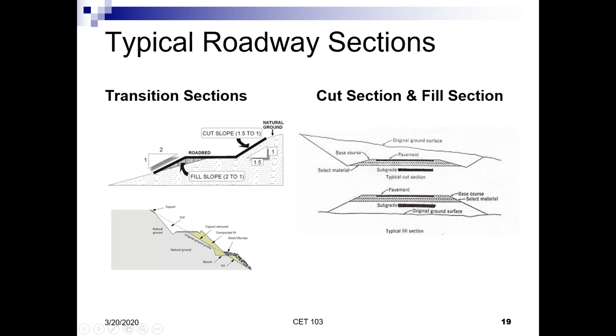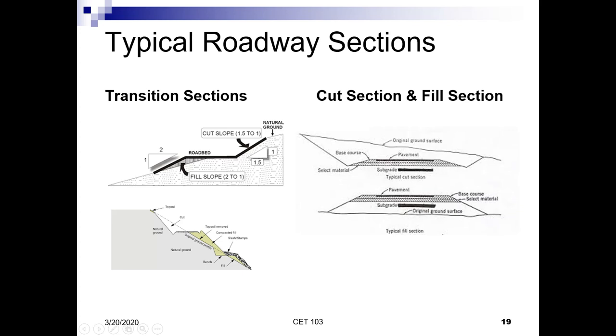Oftentimes, the design engineer will try to get a balance of this, eliminating the need to either haul material to the site or remove material away because it is in excess.